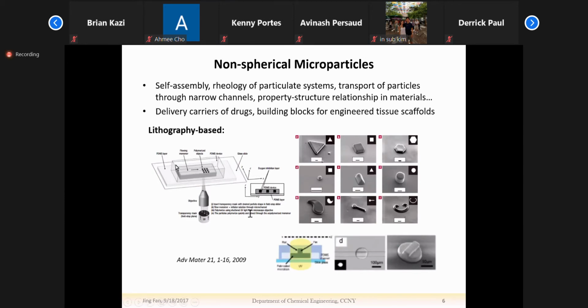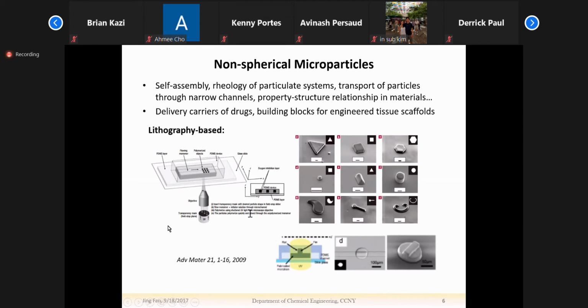So we have this parallel microfluidic channel in which you inject the pre-polymerization solution. Then you shine UV light onto this channel through a mask. The mask has the shape of the particles.